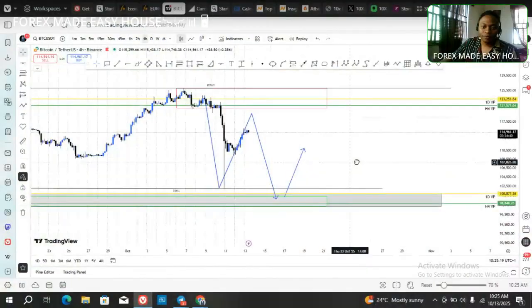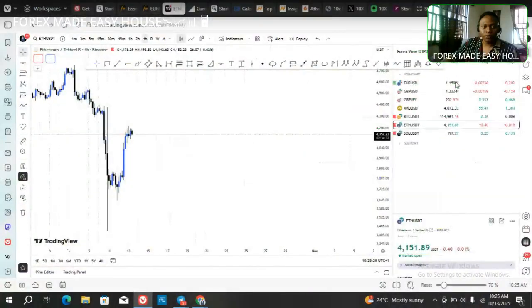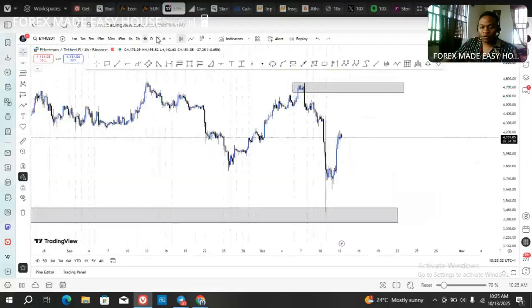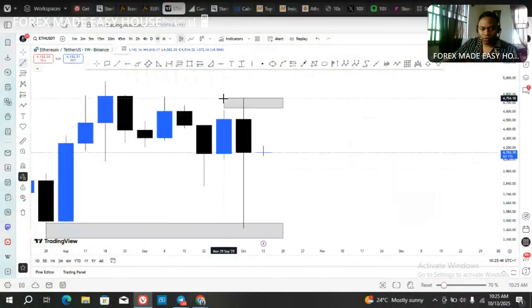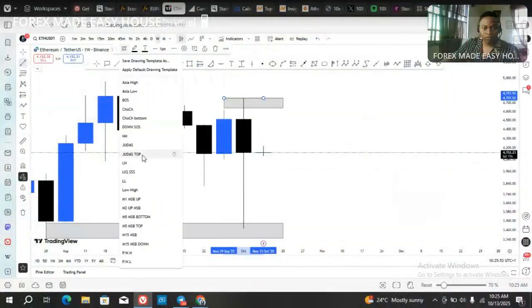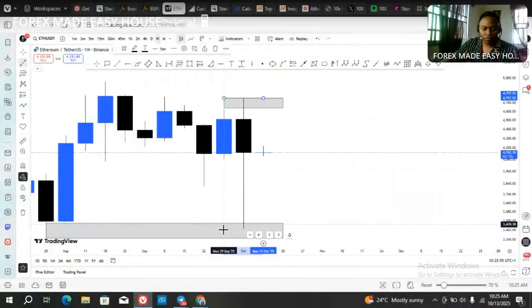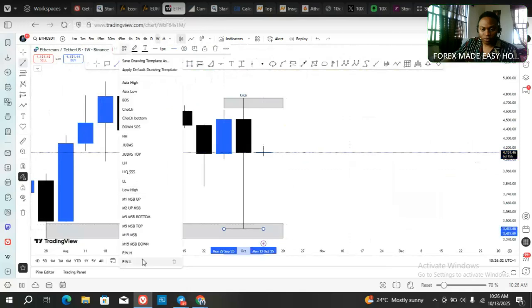Then the next on the list is Ethereum. For Ethereum, on the weekly time frame, this is the previous week high and this is the previous week low.